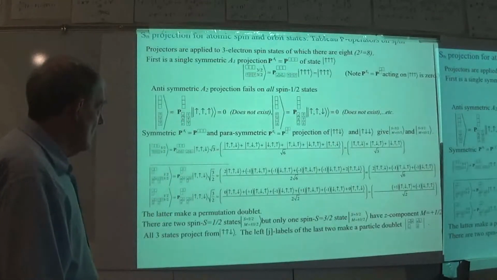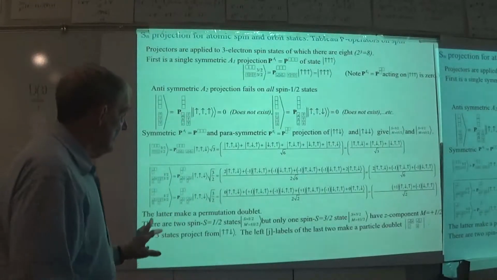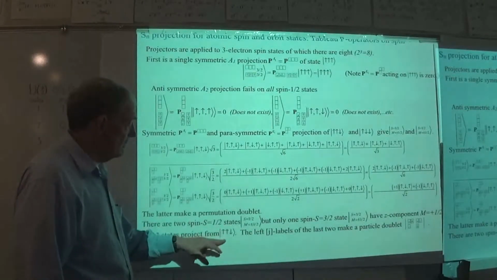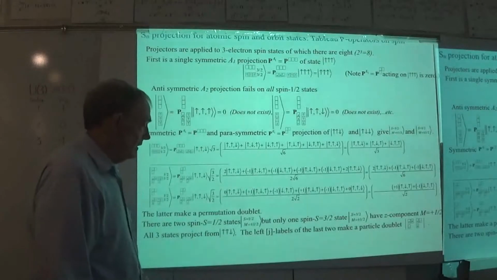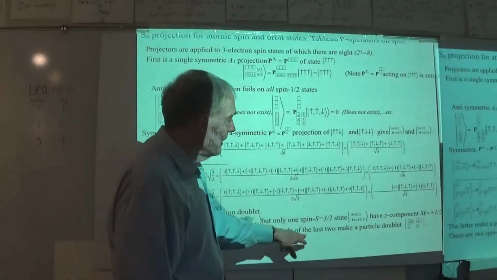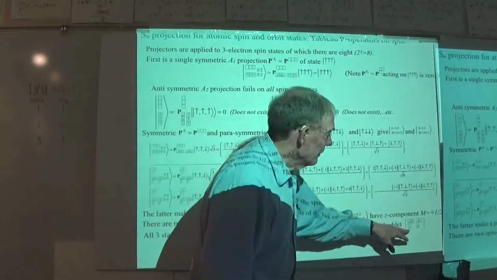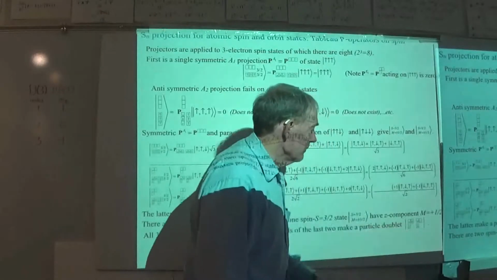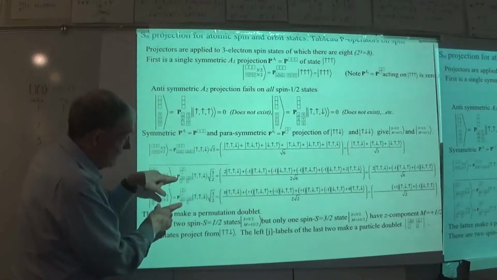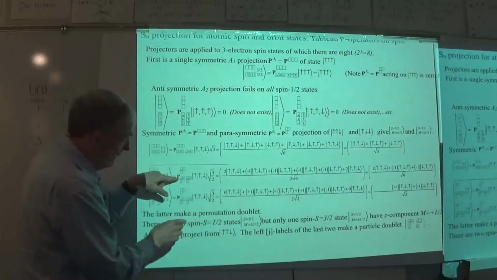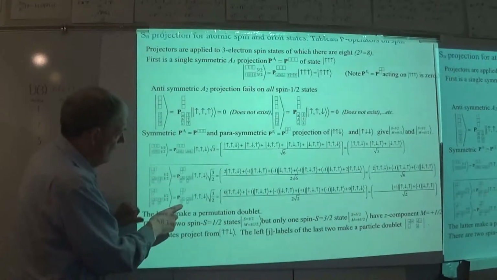So all three of these states project from this particular one: spin up, up, and then 1 down. And the left J labels of the last two make a particle doublet. Those are the two that I was referring to, this and this being A, B, C. You can see it more clearly on that one than you can on this one.